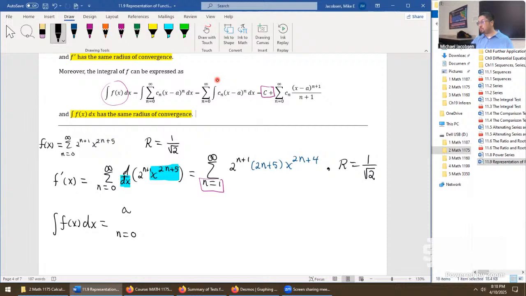It's a sum from 0 to infinity of integrate 2n plus 1, 2 to the power n plus 1 times x to the power 2n plus 5 dx. So there's no constant on this step because we haven't integrated. We just indicated what we are integrating.